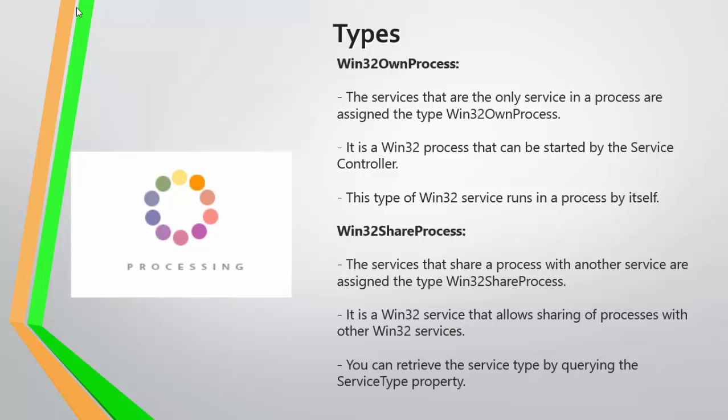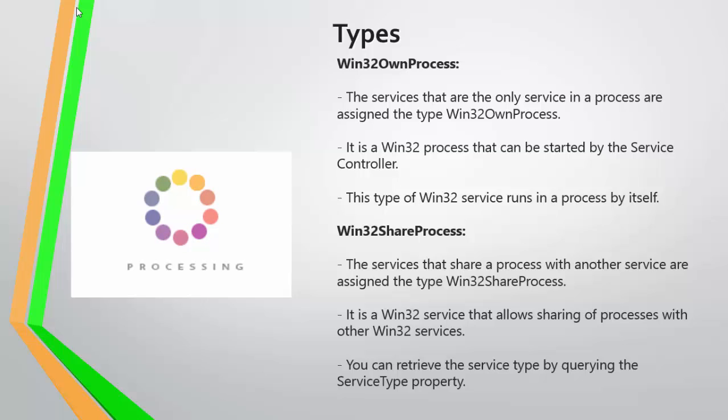Types. There are two types of Windows services. Here we have Win32 own process. These services are the only service in a process and are assigned the type Win32 own process. It is a Win32 process that can be started by the service controller.